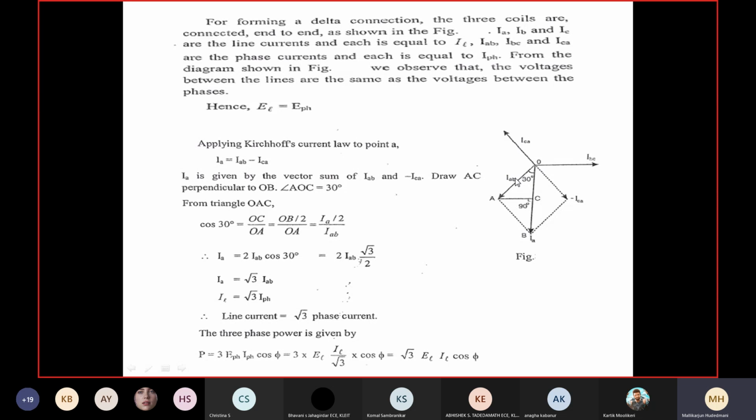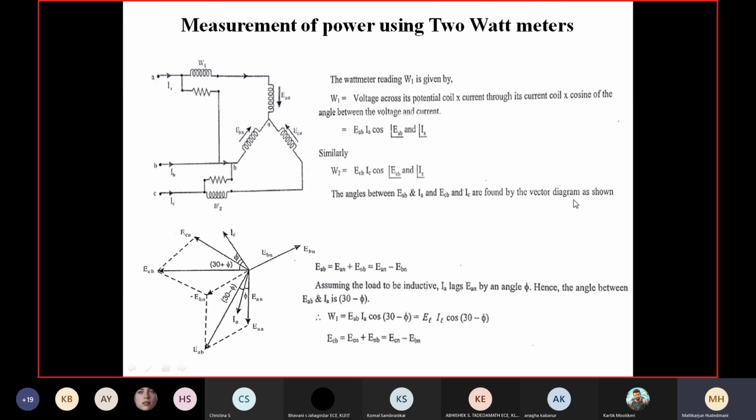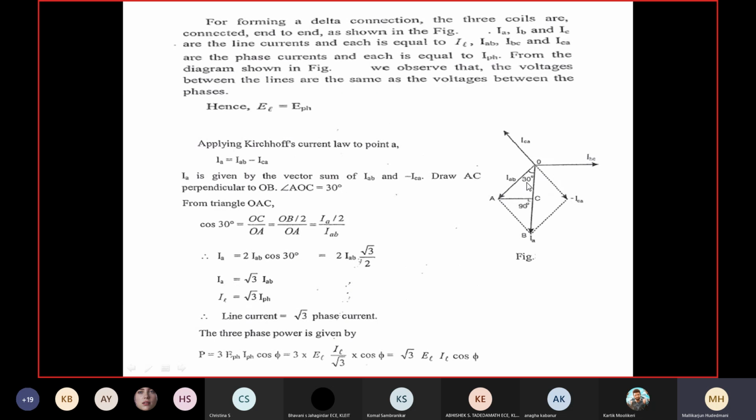Because I want the vectorial difference of IAB and ICA, it is necessary for me to draw three-phase vectors of IAB, IBC, ICA. Then draw the reverse of this CA. CA has to be put dotted backward. Then take resultant of AB with a reversed vector of CA. What is there here? IAB with a reversed vector ICA, resultant of this.